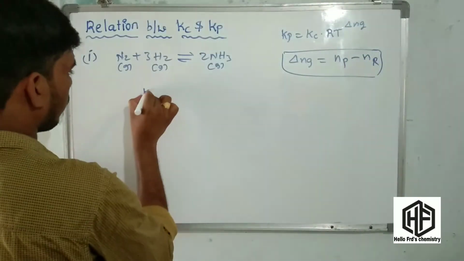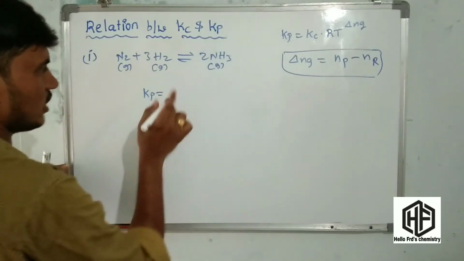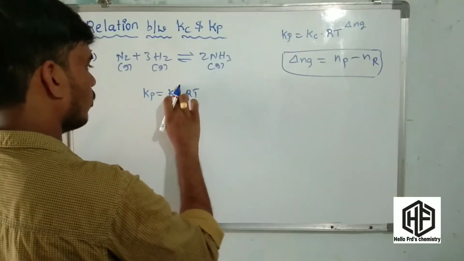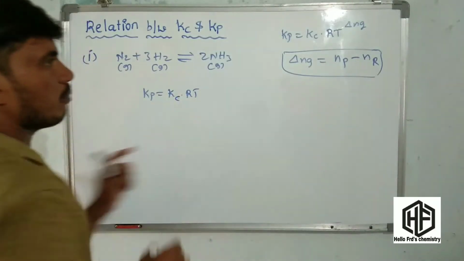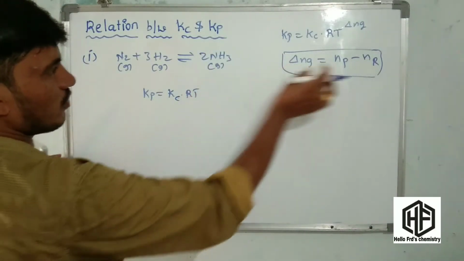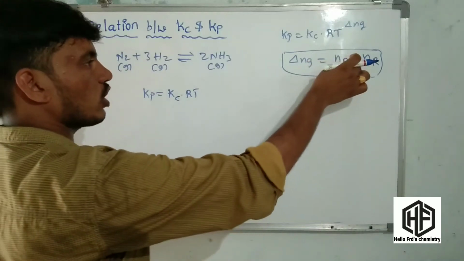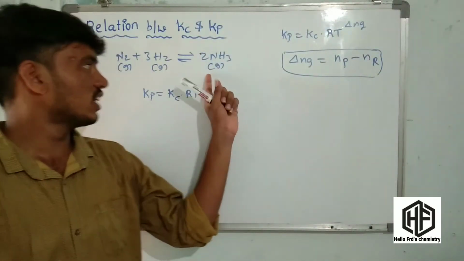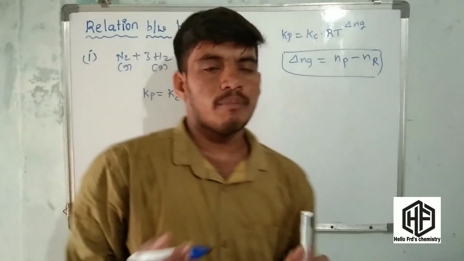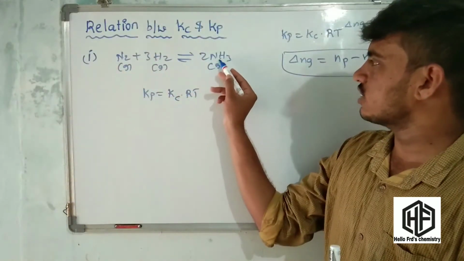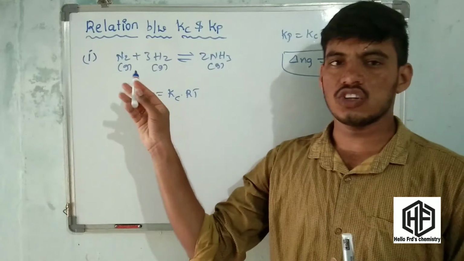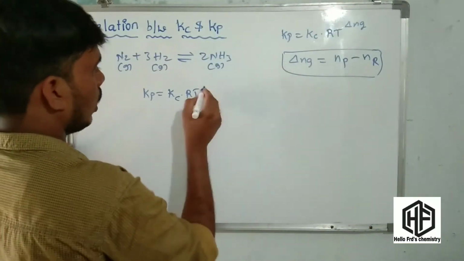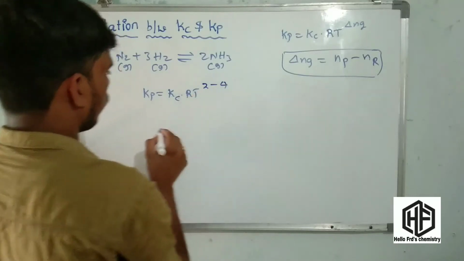Now what is Kp? Kp is equal to Kc into RT power of delta Ng. What is delta Ng, friends? Number of gaseous molecules of products minus number of gaseous molecules of reactants. In this example, the number of gaseous molecules of products is 2 and of reactants is 4. This is 2 minus 4.